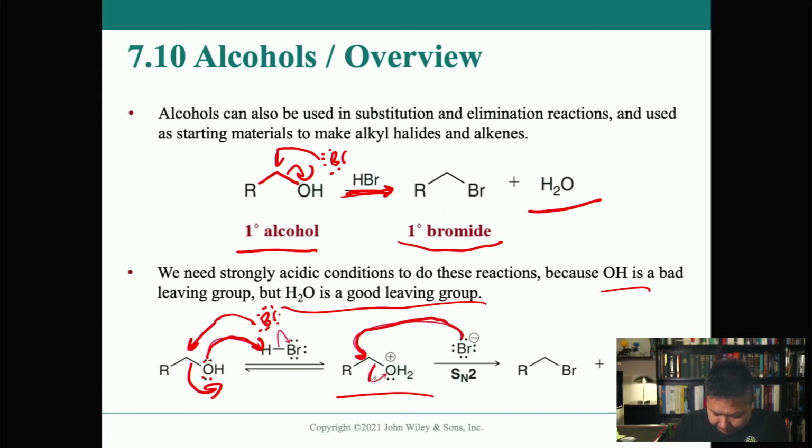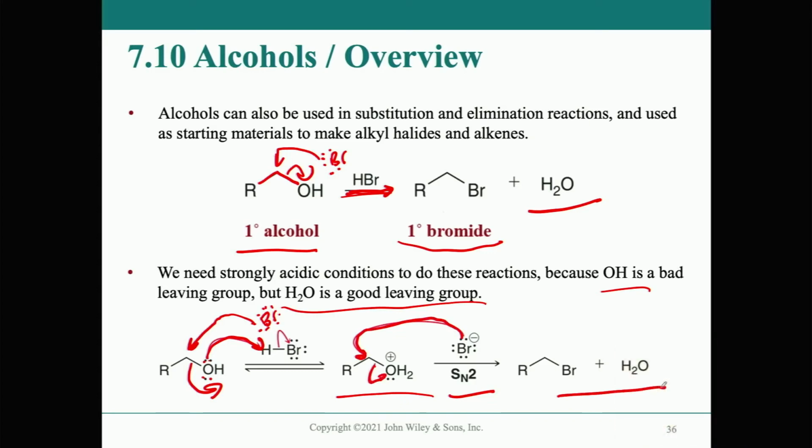And so that's a basic SN2 reaction. My head's blocking the water, so let me show you that real quick. Yep. See? Basic SN2 reaction. But in this case, we have a very strong acid helping here. The bromide acts as the nucleophile. The proton from the acid will protonate the alcohol to make it a better leaving group, because water is a way better leaving group than alcohol is.